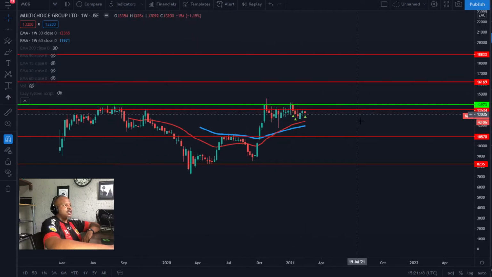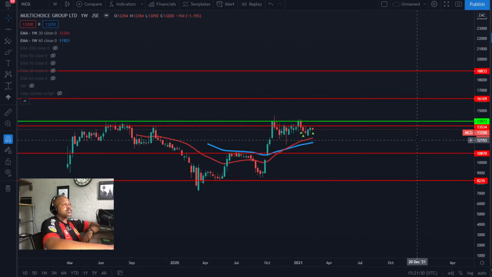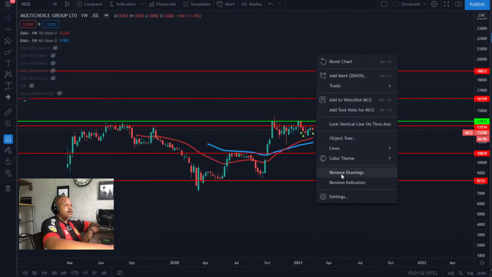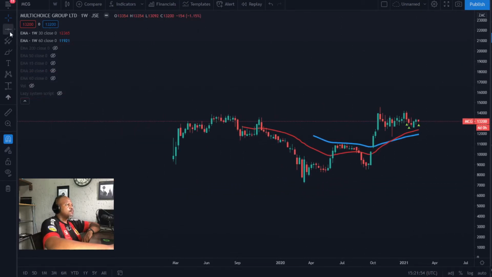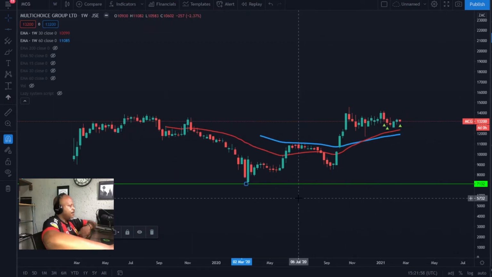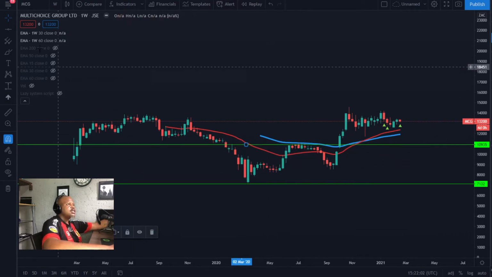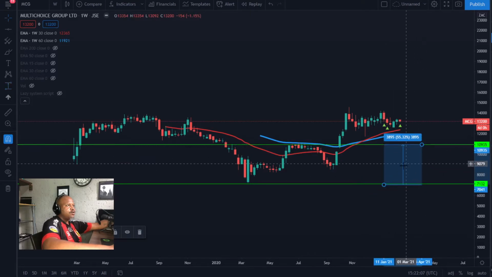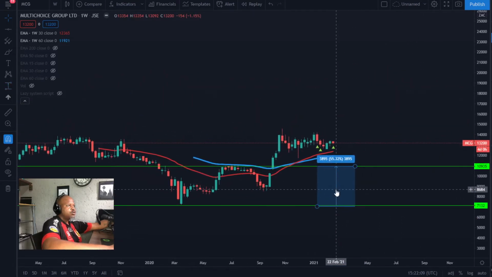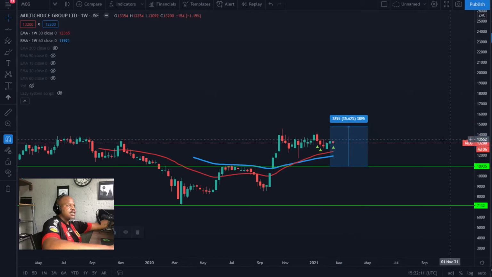If I remove all my drawing tools and put a support there, draw it upward to resistance, and then use the price range tool, we get a sense of the next box.